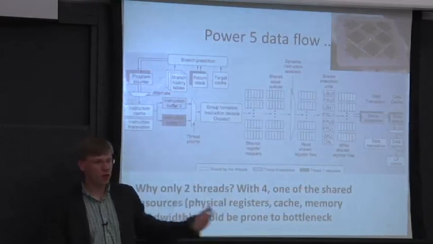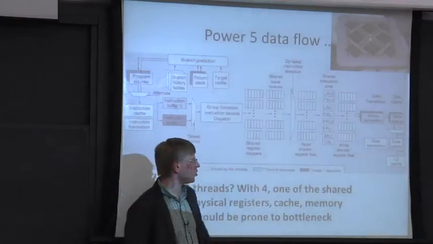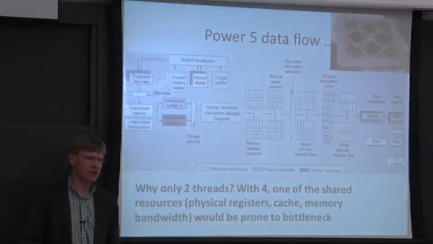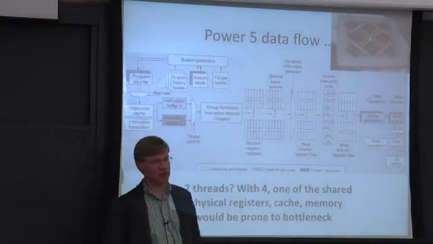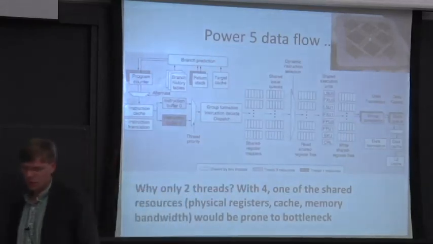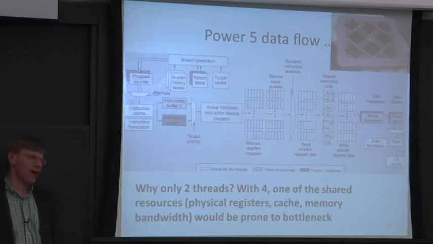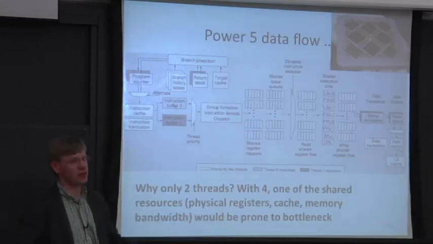But if they wanted to go to more threads, they basically would bottleneck somewhere in their architecture. I don't completely know exactly where they bottlenecked, but the paper talks about this and basically says they bottleneck somewhere in their execution units. They kind of leave it a little vague. So they decided it wasn't worth adding more than 2 threads because it's not going to give you any performance increase unless you have threads that have a lot of stalls. If you have threads with enough stalls, you could probably have enough holes to intermix another thread in there.